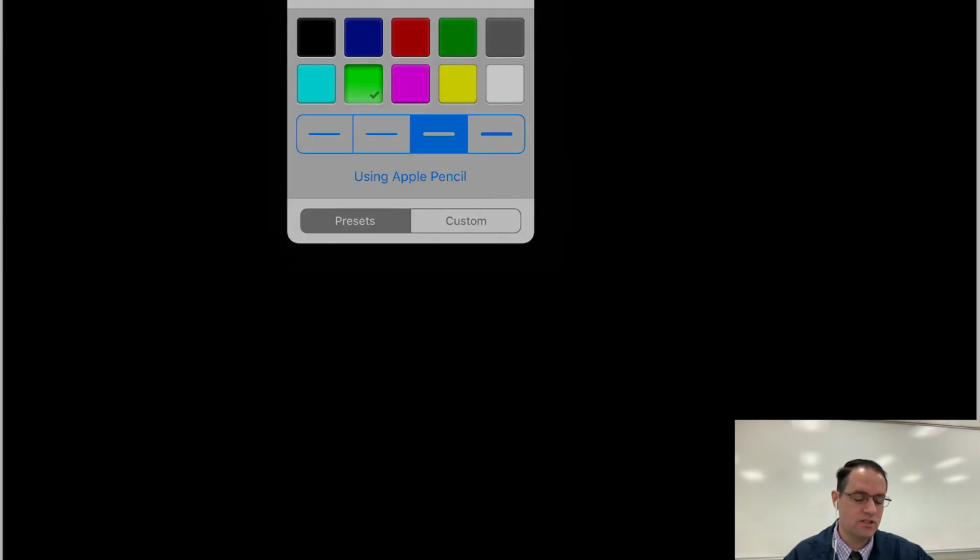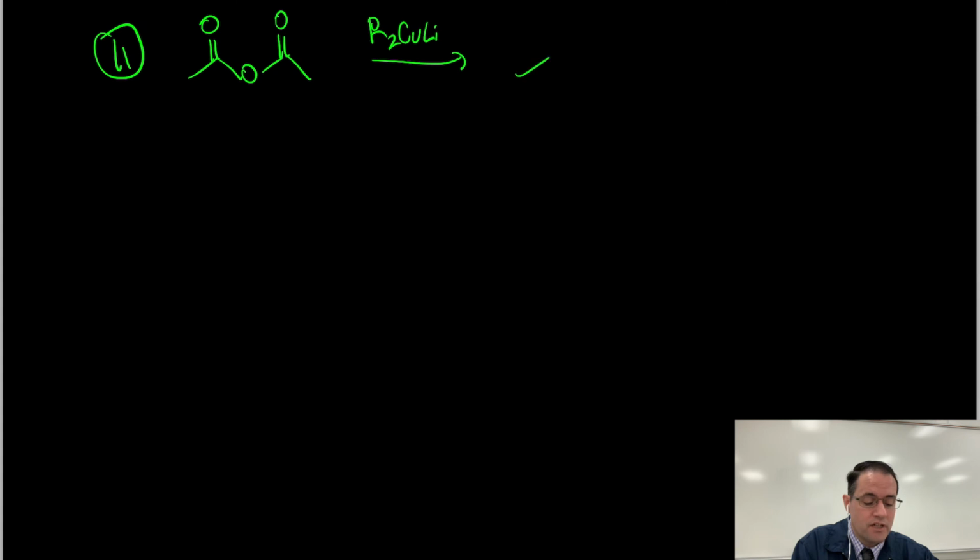So that's reaction 10. Reaction 11 is the use of anhydrides that react with your Gilman reagents, okay, to give you ketones.